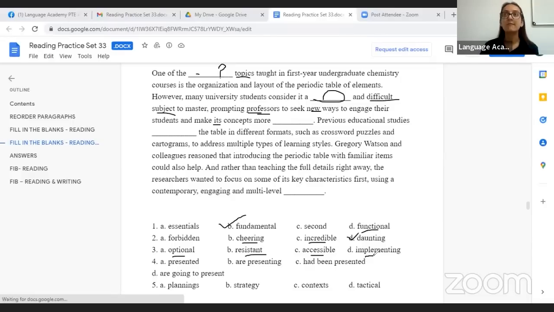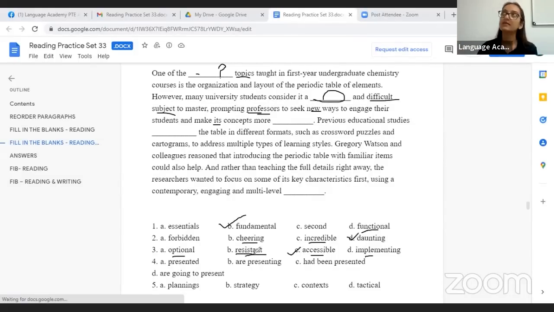We can make the contents of a subject accessible. Accessible means easy to grasp, easy in their reach. They are trying to find new ways to teach the periodic table so that everybody can reach that understanding. In that sense, they have used accessible here.